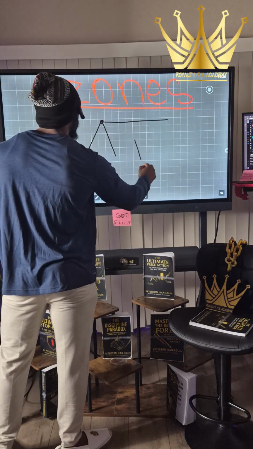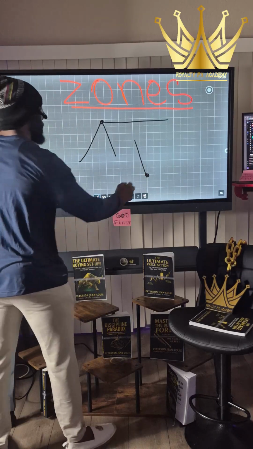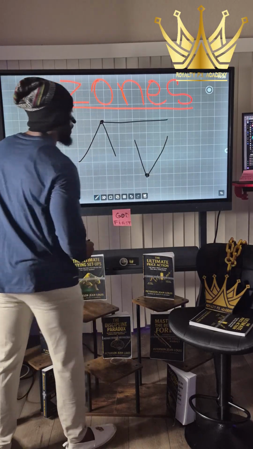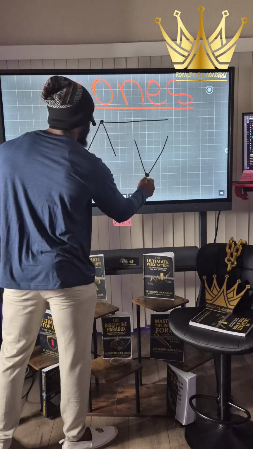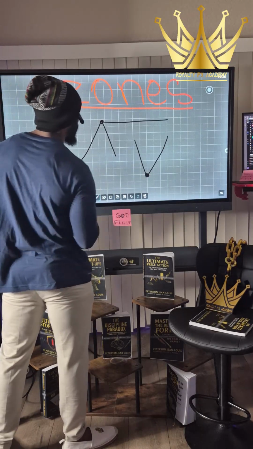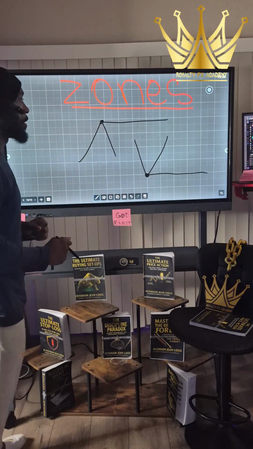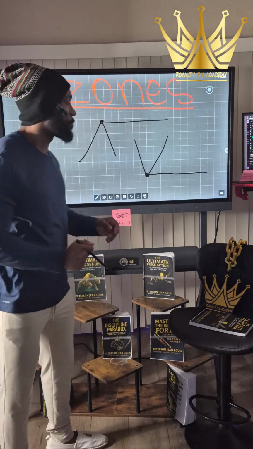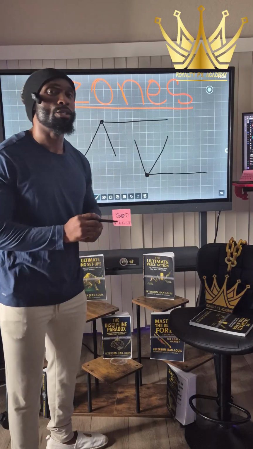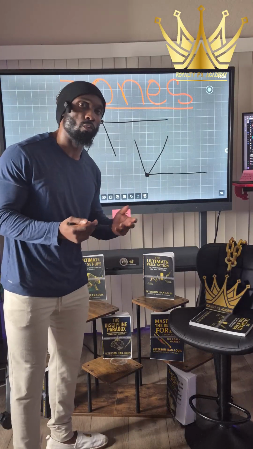If the market falls, stops, and then goes up, and we mark that area by putting a horizontal line there, it's just a zone. If you want to call it a support zone, cool.